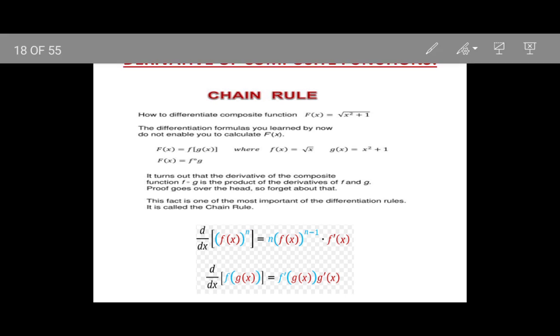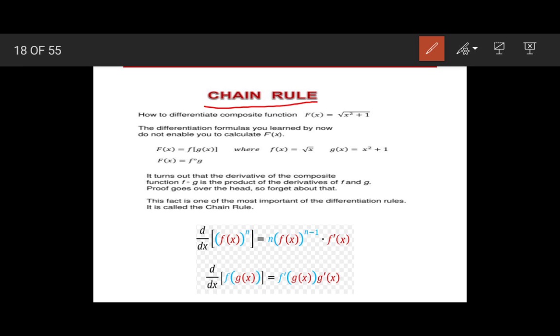Now this derivative is known as the chain rule. Why chain rule? Because if there are two merged functions, suppose there is a function f(g(x)), where f(x) is root x and g(x) is x square plus 1, then first we have to find the derivative of the first function. See here, f(x) is under root of x square plus 1.